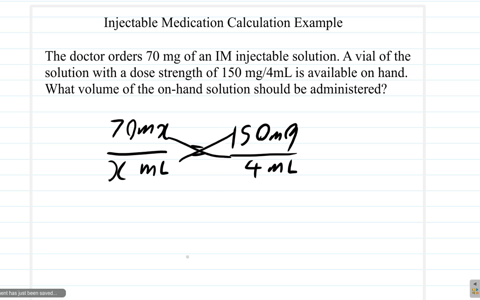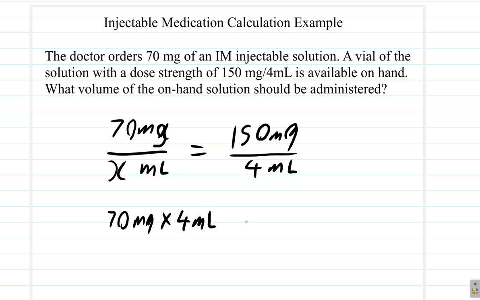Cross multiplying will give you 70 milligrams multiplied by 4 milliliters is equal to 150 milligrams multiplied by X milliliters.